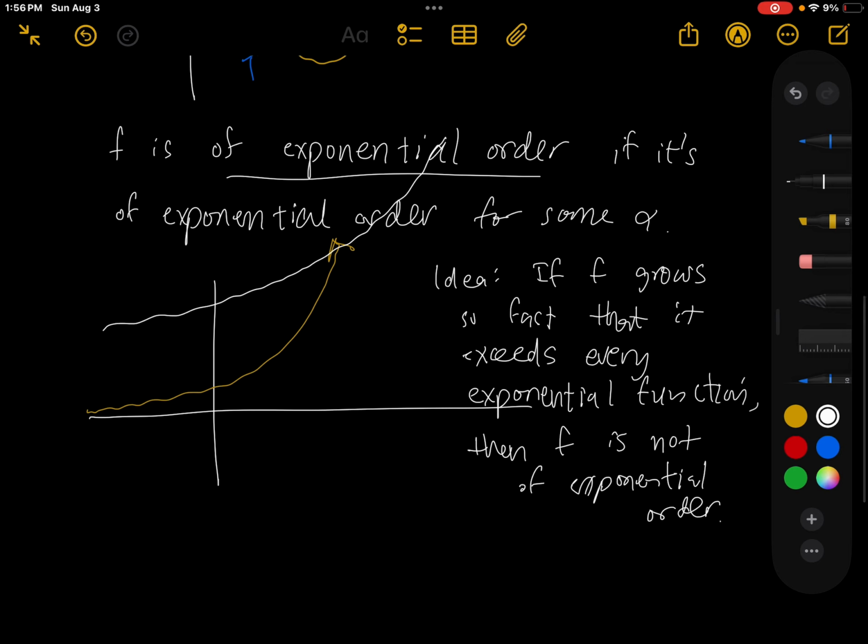Okay, that's the idea. So it basically has to zoom off to infinity really, really fast. And when you have something like that, it's not going to have a Laplace transform.